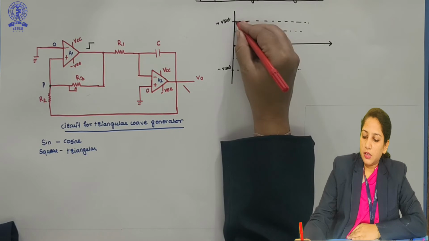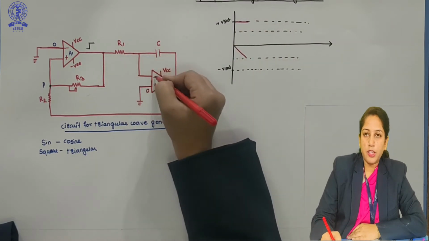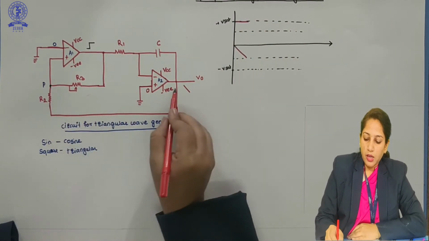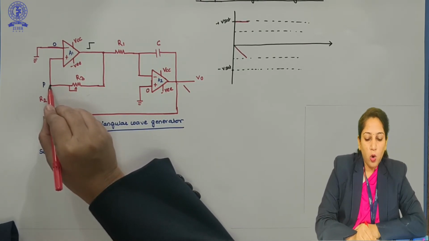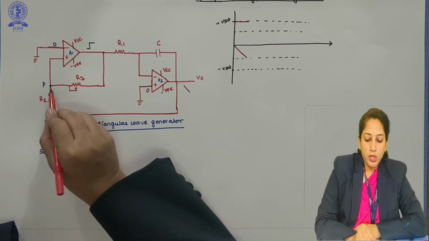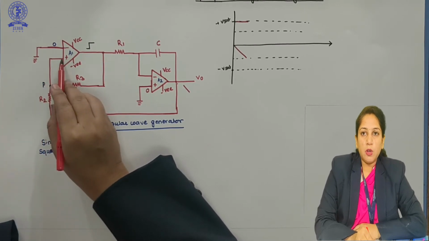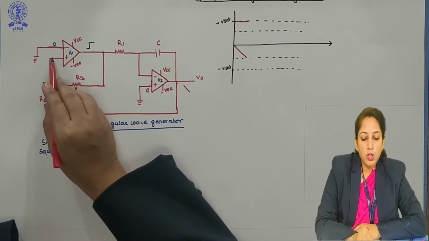Till here my input voltage is positive. As I am getting a negative ramp here, the voltage across P will go on decreasing. As the voltage across P goes on decreasing, it will decrease below 0.